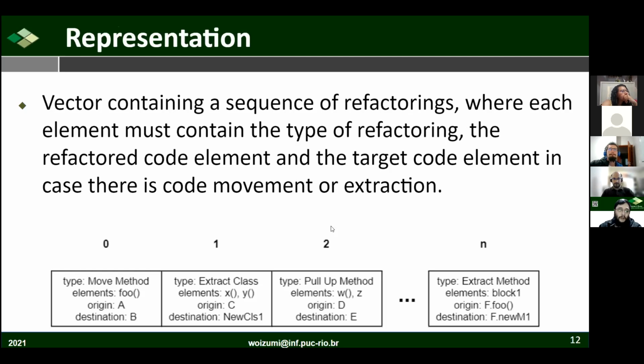For example, we may have a move method for the full method, where we will move this method from class A to class B. So we'll have a lot of refactorings that will be stored in this vector.